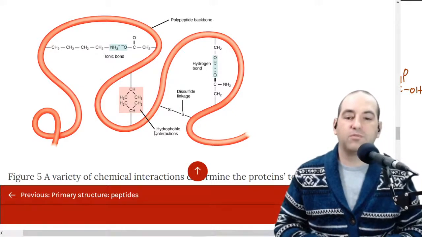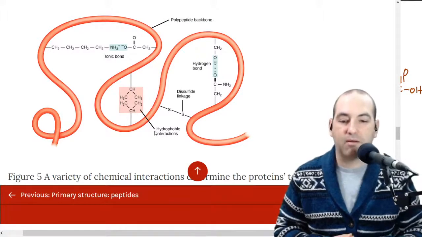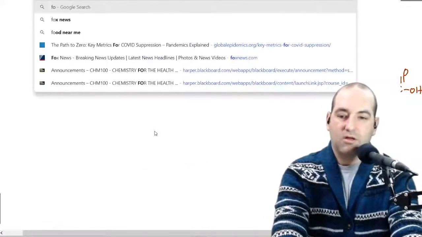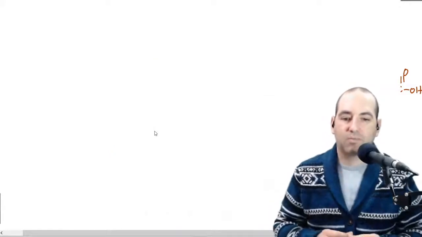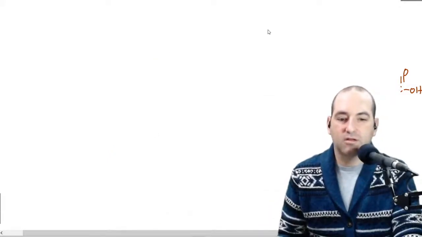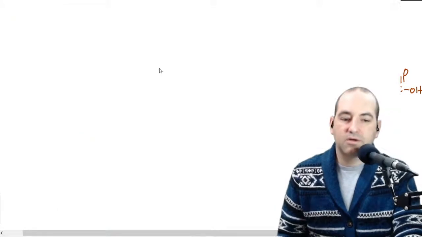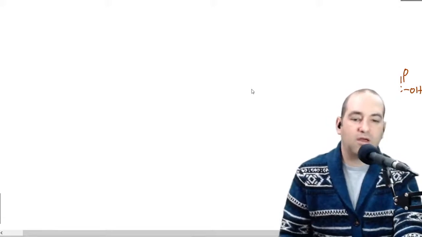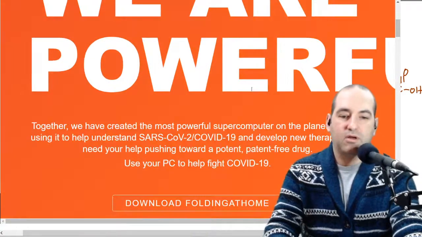Even with really powerful computers, simulating protein folding is complicated. And if you're interested in this, a couple of neat resources. There's one called Folding at Home, which is basically an app that you run on your computer. When you're not using your computer, it uses some of the computing power in the background to help scientists.